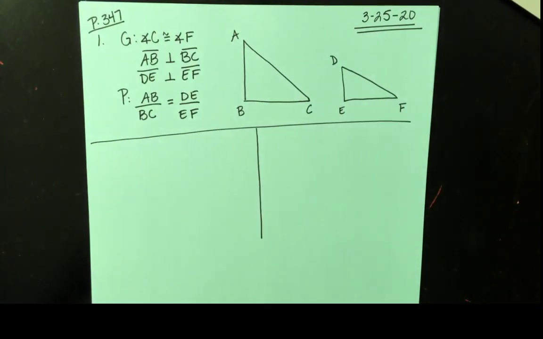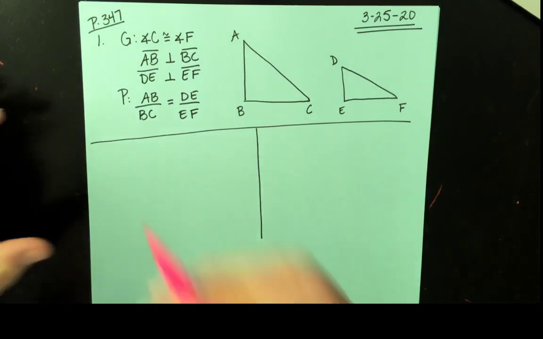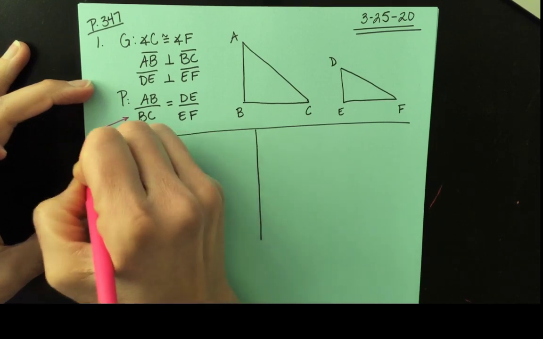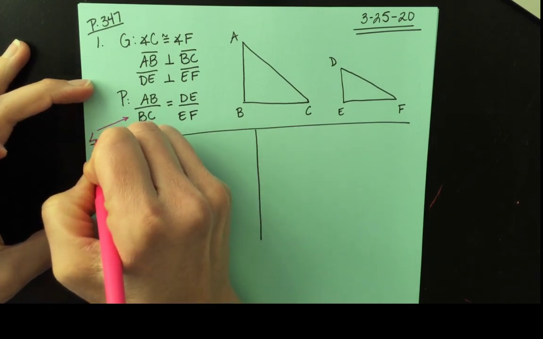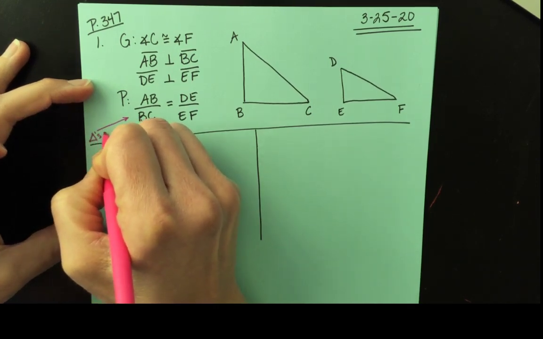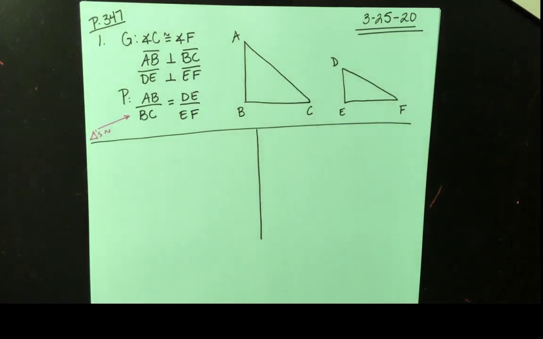The fact that we're looking for something that deals with proportions tells me that we are dealing with triangles that are similar. So that's the big hint that this isn't something where we were wondering, is it congruent? Is it not congruent?